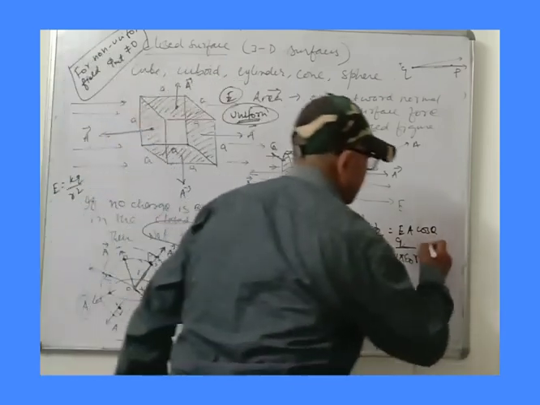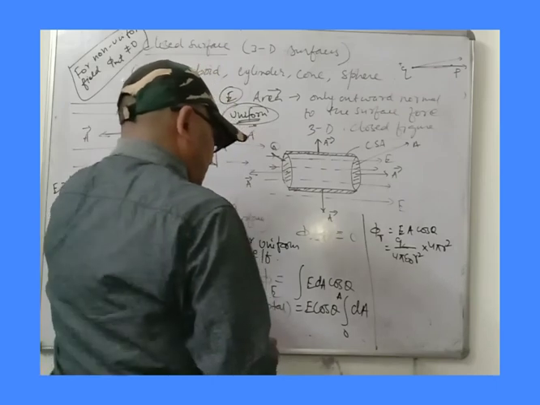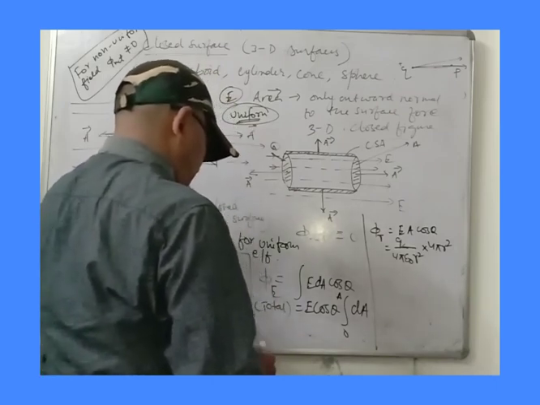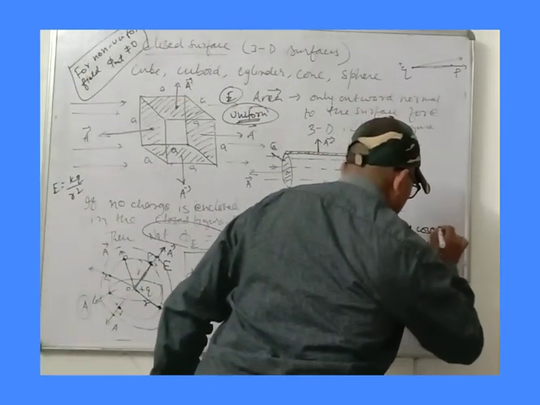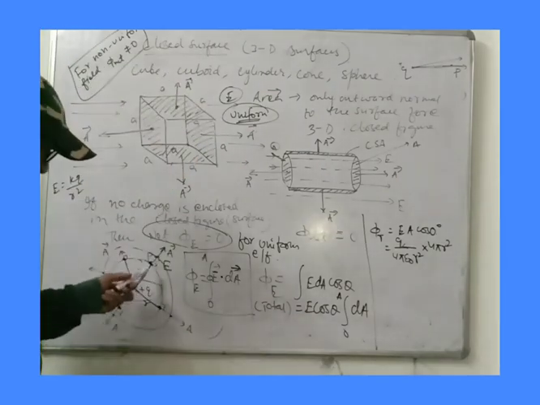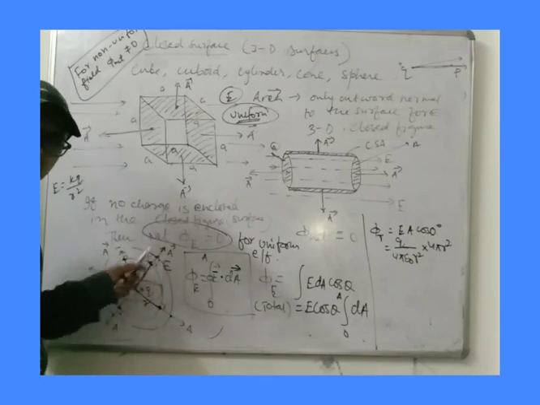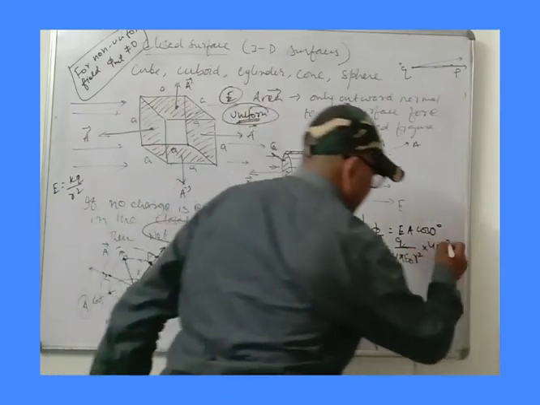Area of the sphere is 4 pi r square. And cos theta is cos 0. Why cos 0? The direction of electric field and area vector are the same. So angle 0, that is 1.